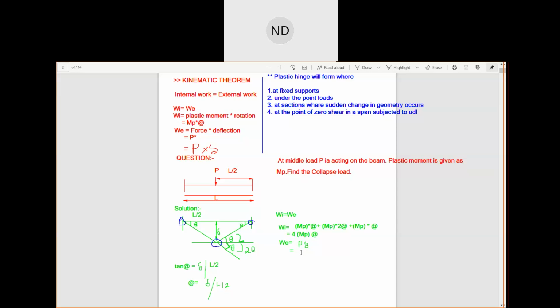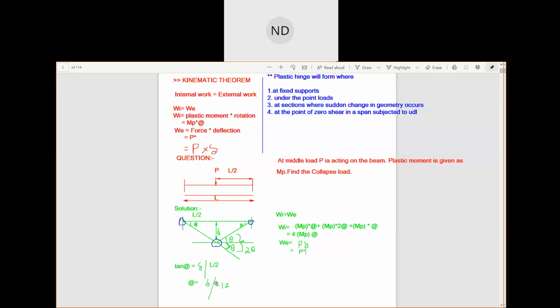So that means what? You have your external load, external work done. External work done is P into delta. P into what is the delta? Okay, from here we can find out our delta, right? So what is our delta here?